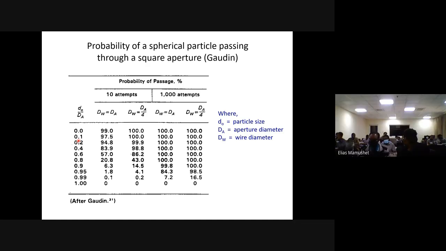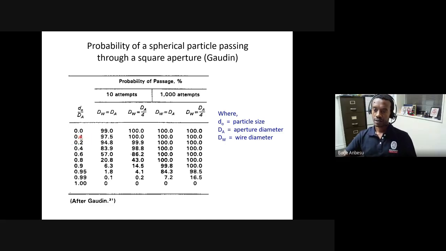If the diameter of the particles is really small compared to the diameter of the aperture, that particle should have no problem passing through, whether the wire diameter is the same as the aperture diameter or not. Whether I'm presenting it 10 times to the screen or I give it 1,000 attempts, that particle should pass through, because relatively, the particle is very small in size compared to the aperture size.